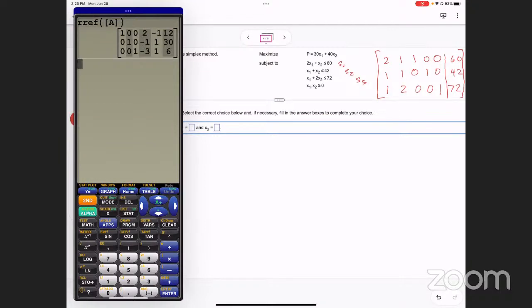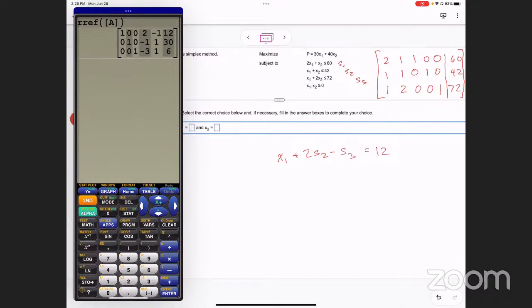So your answer is x1 plus 2s2 plus minus s3 equals 12.